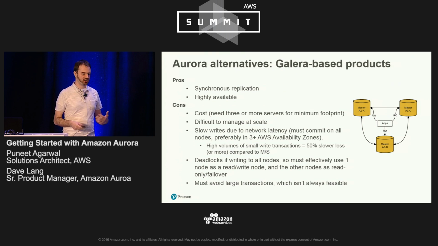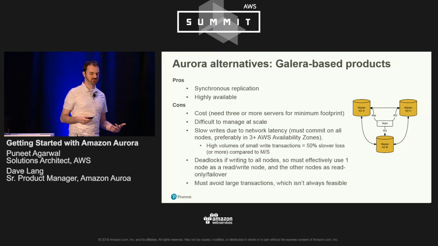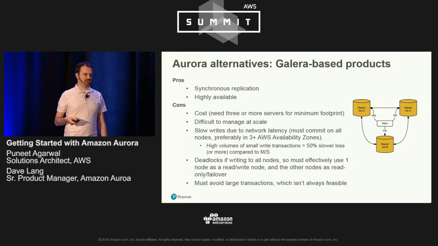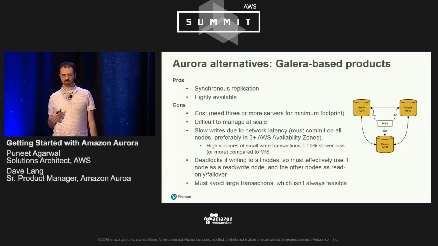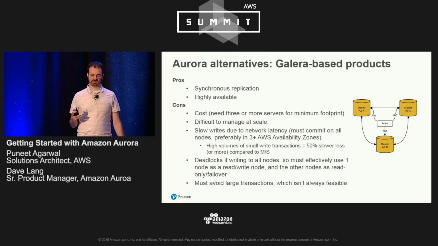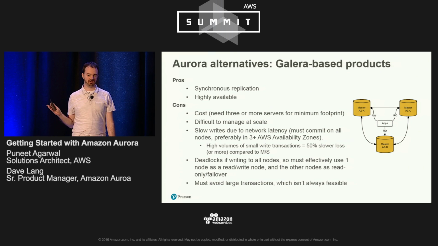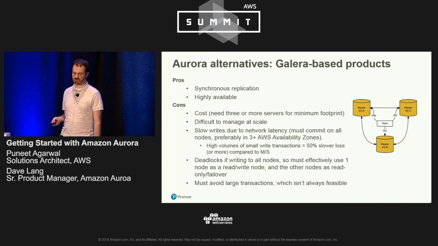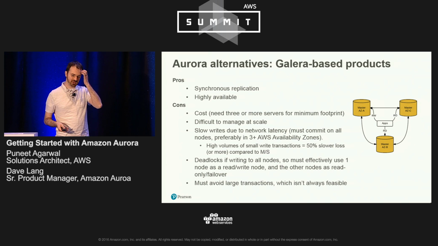Something that gives us better high availability than master-slave topology is a Galera-based product line, something like XtraDB Cluster from Percona, for example. These things work really well from a high availability standpoint, because they're all master, master, master, and as long as you tell all your app servers of the existence of all these nodes, then they work how you would want them to. But it comes at a cost. There's a lot more servers that you have to manage.